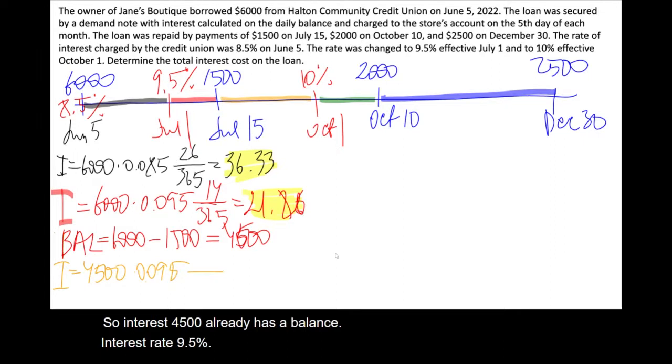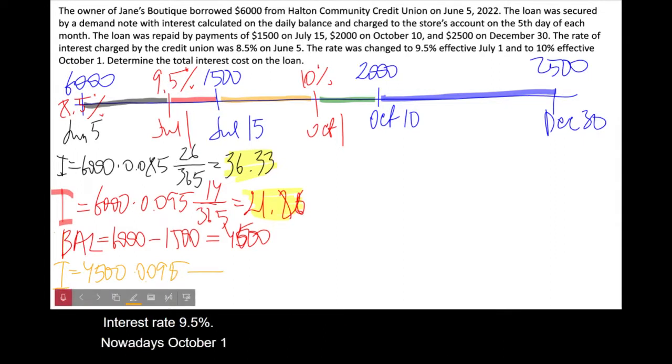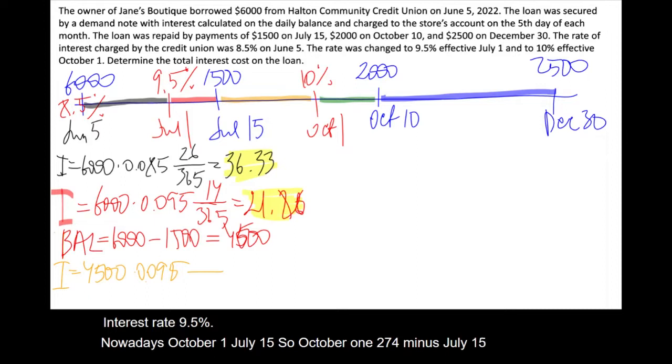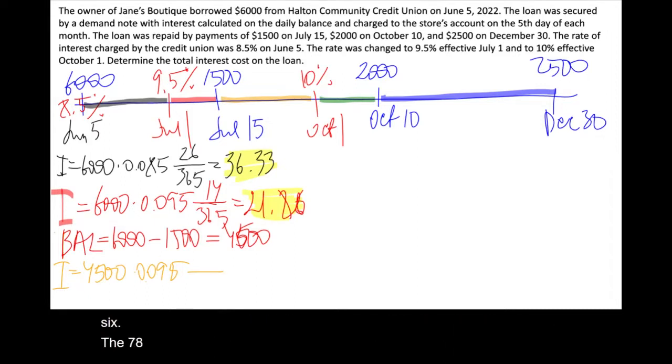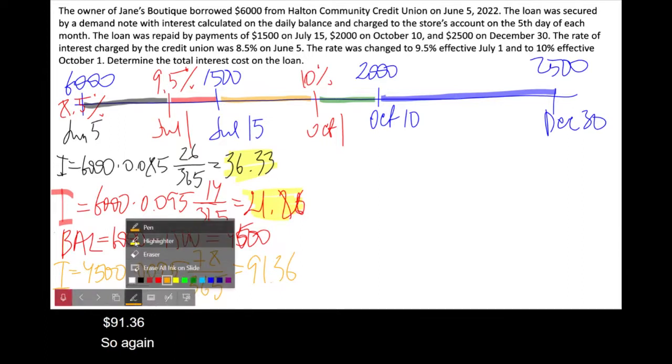Now days, October 1 is 274 minus July 15 is 196, so 78 days. So 78 over 365, giving $91.36. Again, I highlight it.